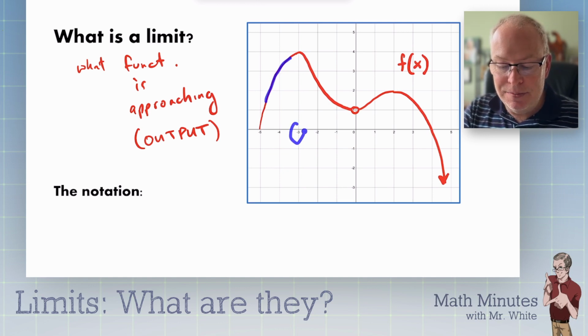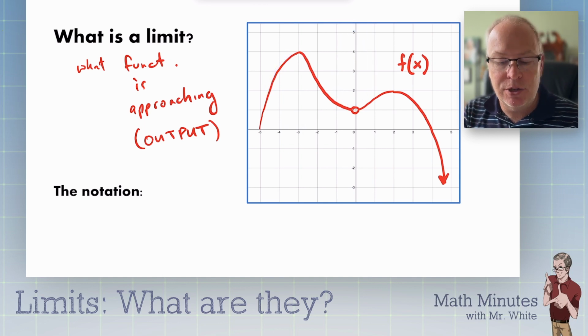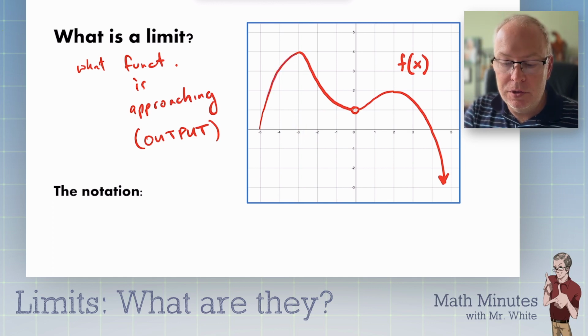As x is approaching -3, what are the y values approaching? I mean, you could look at the table, right? I don't have a table here, but you could imagine it. As this graph is peaking at x equals -3, what are we getting close to on the output end of things? We're getting close to 4.